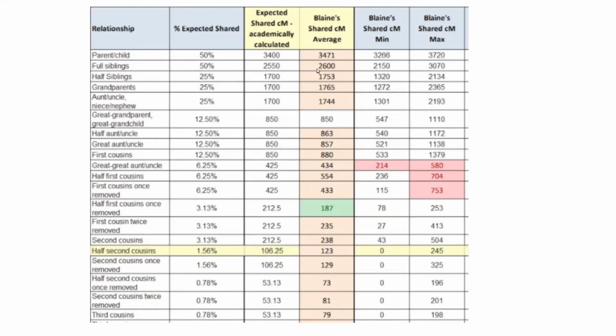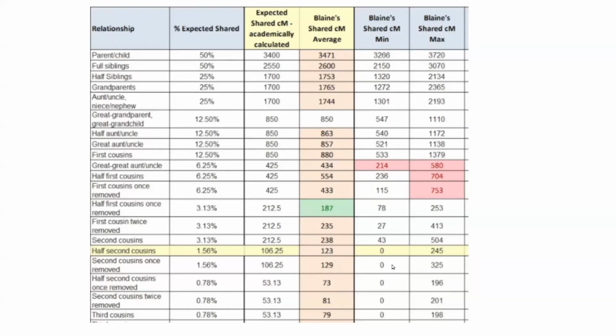Blaine's group were 2600 with a minimum of 2150 and a maximum of 3070. So you begin to get the idea that the relationships are not pure. They shouldn't be, because if you get half of your dad's DNA and your cousin got half of his mom's DNA and they were brother and sister, it wouldn't surprise you that that number is not going to be exact. It's going to be some random thing.